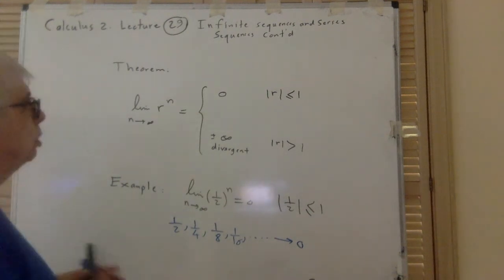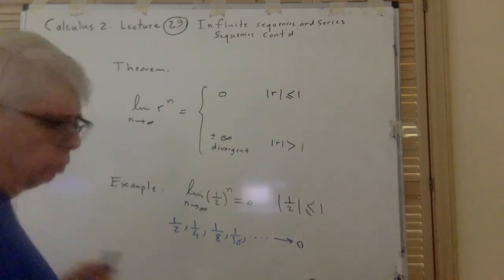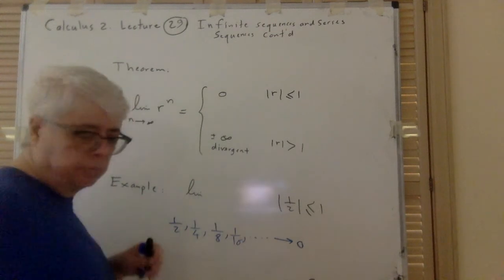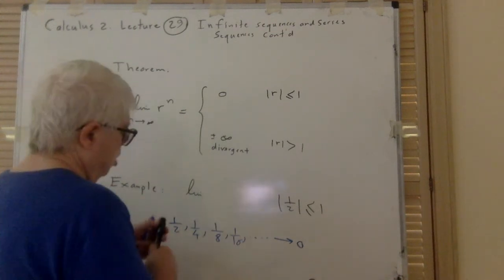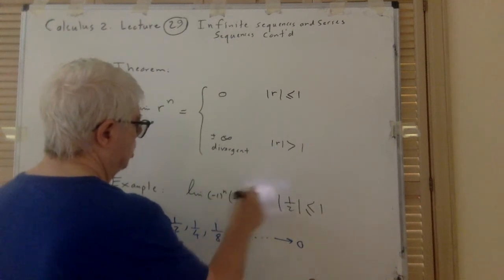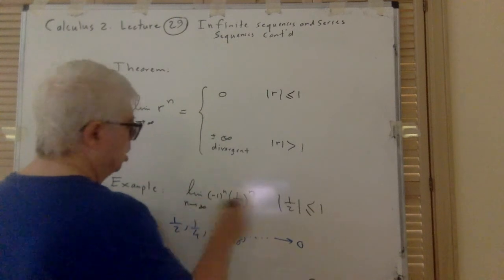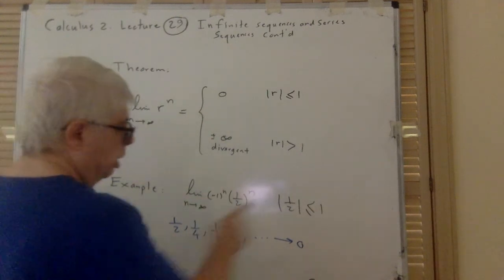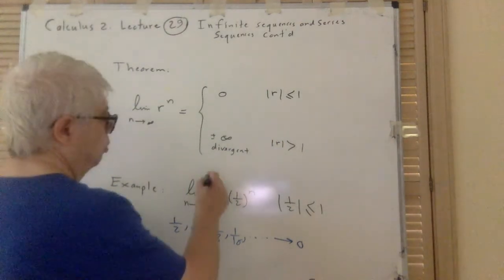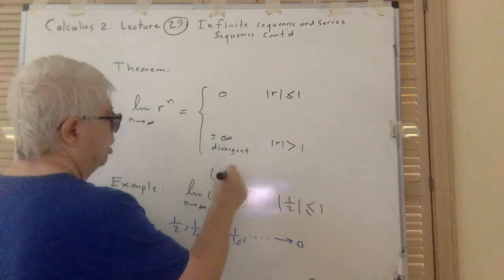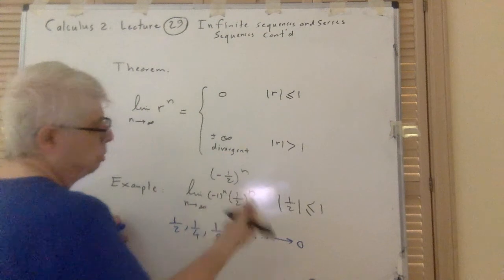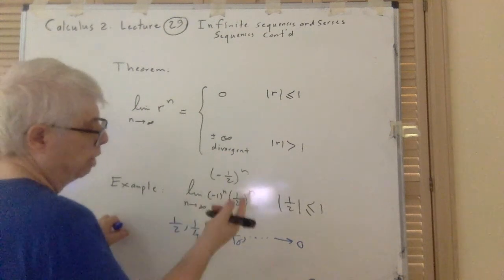Let me give you another example. What happens to (-1) to the power n times (1/2) to the power n? This is also a geometric sequence. We can write it as (-1/2) to the power n, since you can bring the minus out, that's (-1) to the power n times (1/2) to the power n.